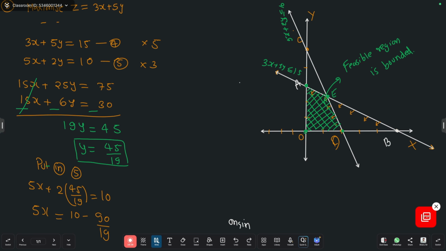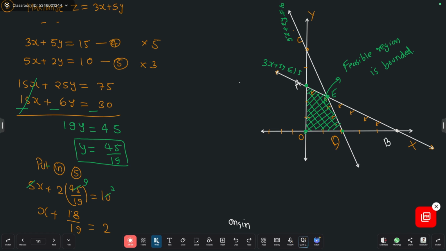We will be a little bit clever also. See, we can divide by 5: 5 nines are 45, 5 twos are 10, 5 is common and cancels. Very good, the numbers will be small. Then x plus 2 into 9, 18 upon 19, equals 2.